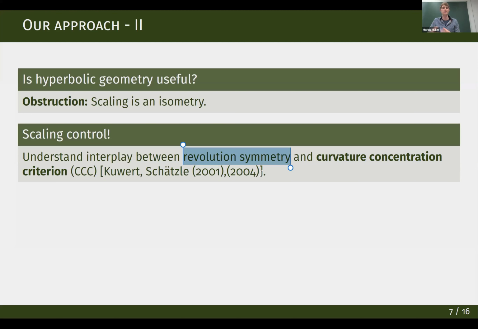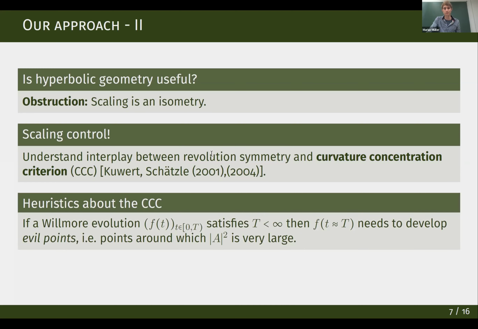You can use this revolution symmetry to say that at a hypothetically singular time, not so much can happen. Well, I should tell you now what happens, because otherwise it is very imprecise. So let me be more precise about this point.